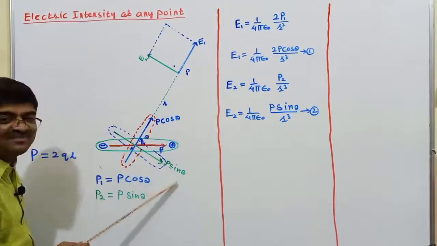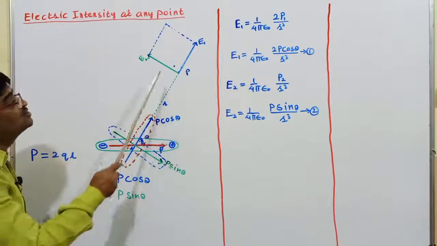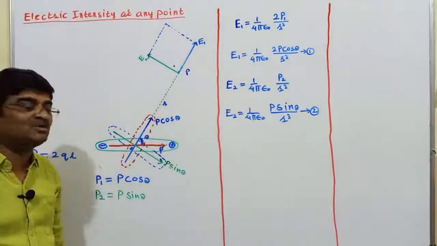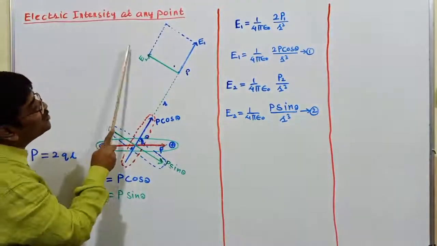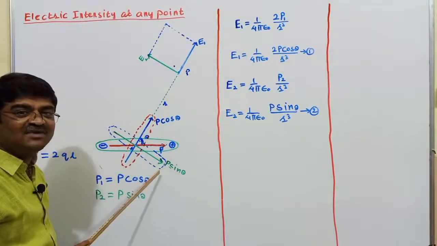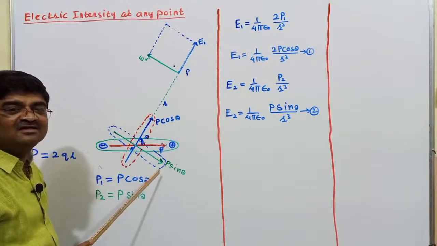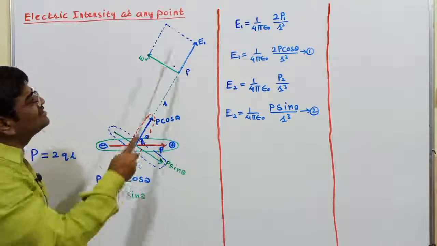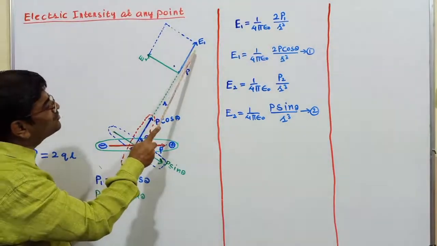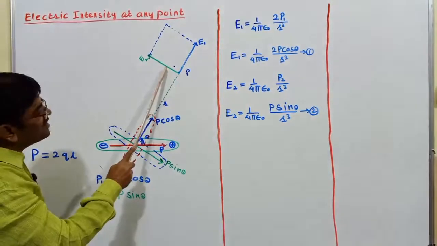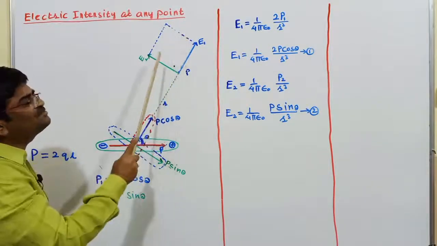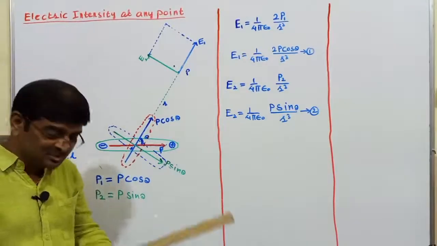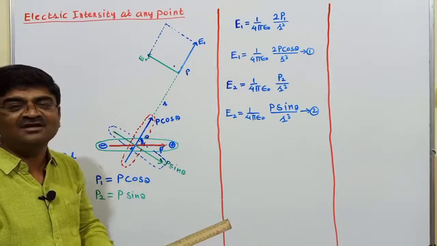These two components are perpendicular. Because E1 is on the axial line of the first part, E2 is on the equatorial line of the second part, obviously this is parallel to the first part, this is parallel to the second part. So these two are also perpendicular, whose magnitude resultant I have to get.